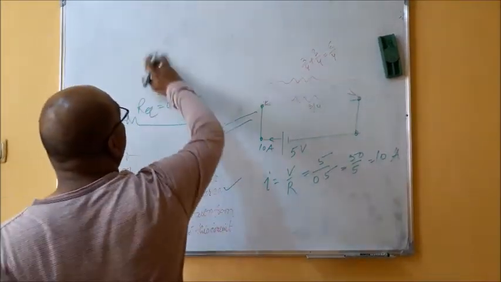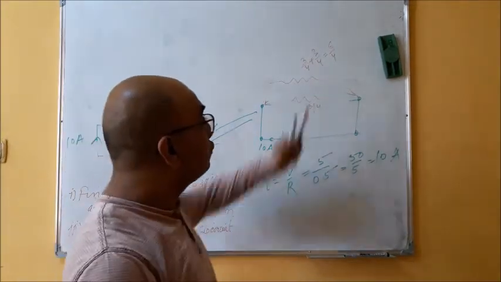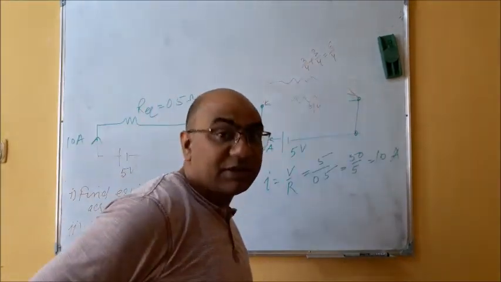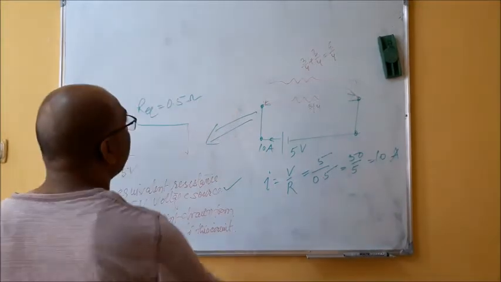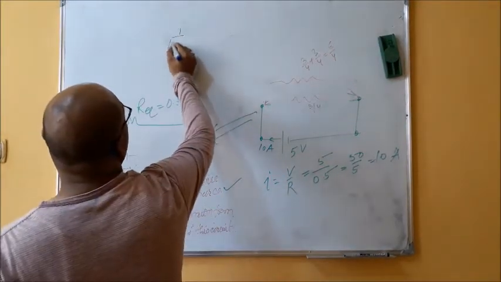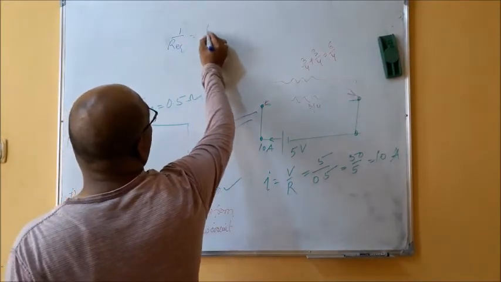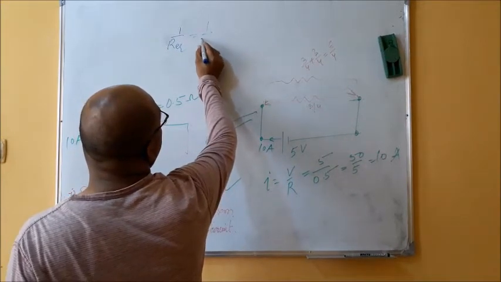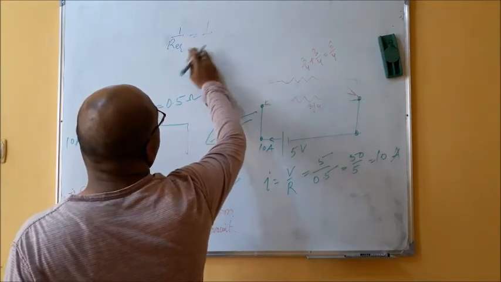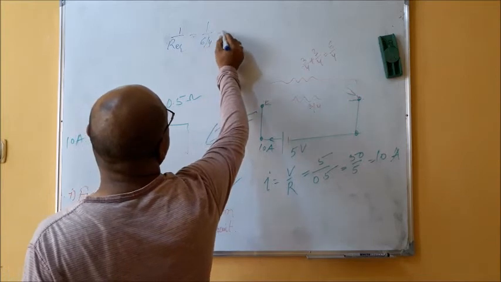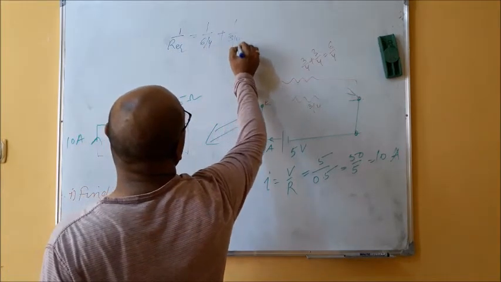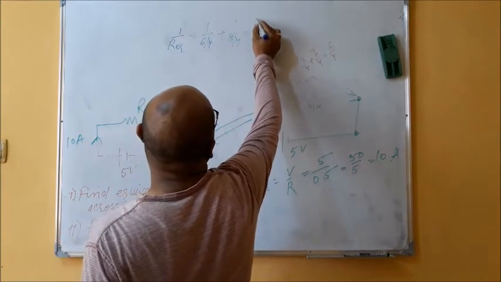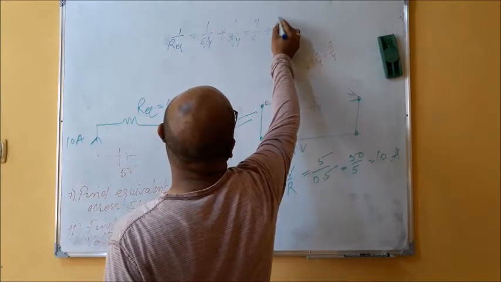So what is this? 1 upon. So I can write for these two resistances which are in parallel, 1 upon R equivalent as 1 upon 6 by 4 plus 1 upon 3 by 4. This means 4 upon 6, 4 upon 3.